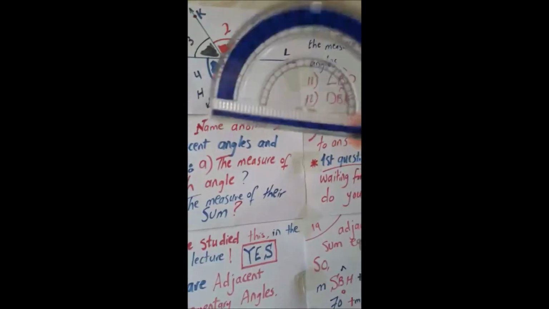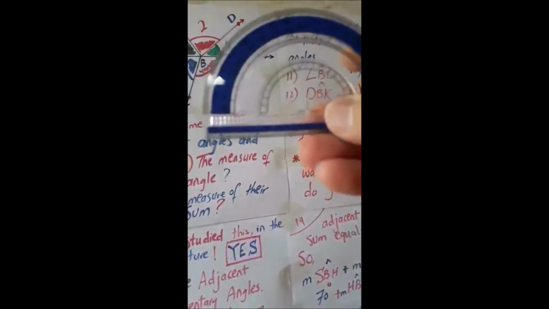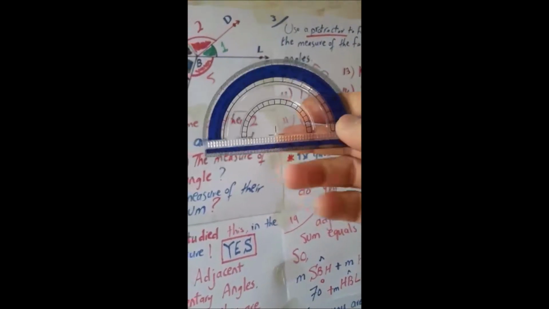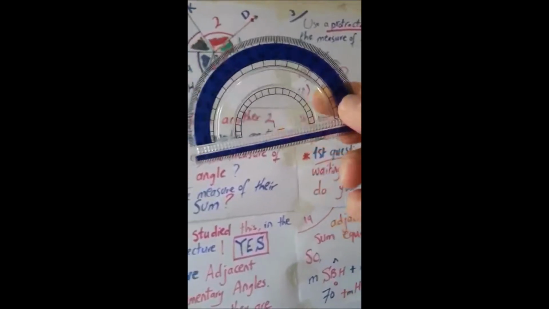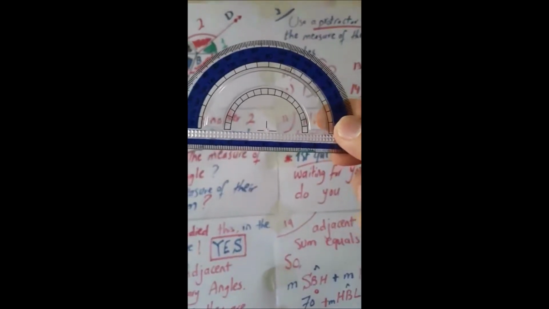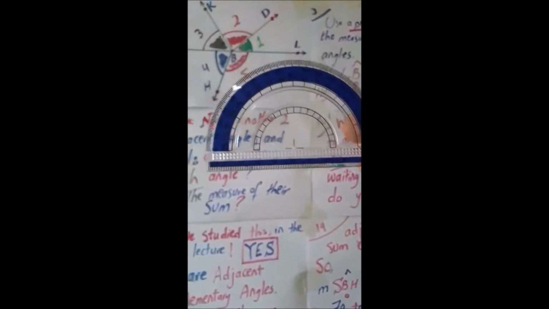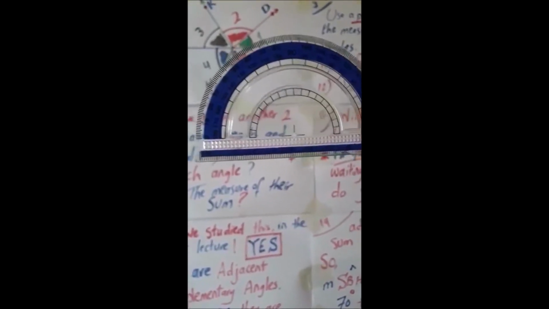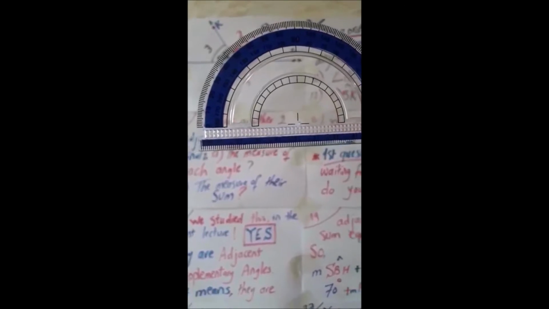And in the middle, as you see here, we have this one, the origin. And of course, we have the one that looks like the ruler. We call it the base line. So actually, it's so simple. It consists of 2 scales, with the origin and the base line.